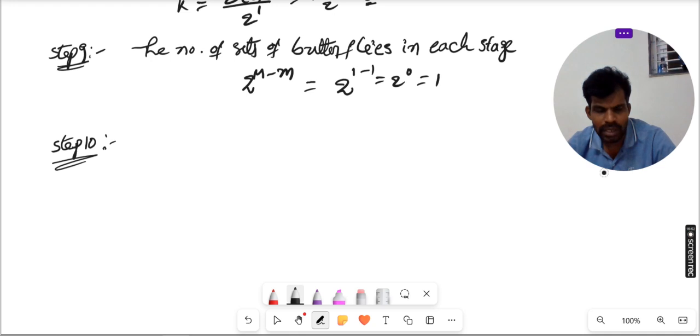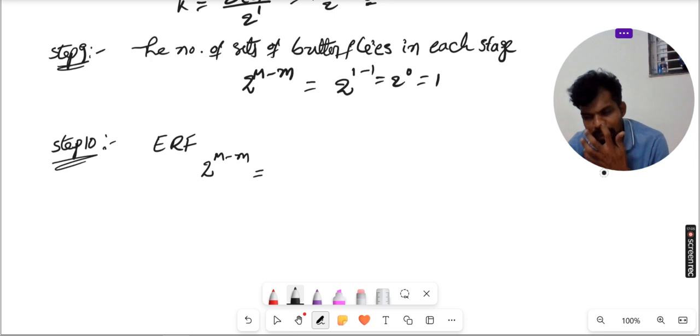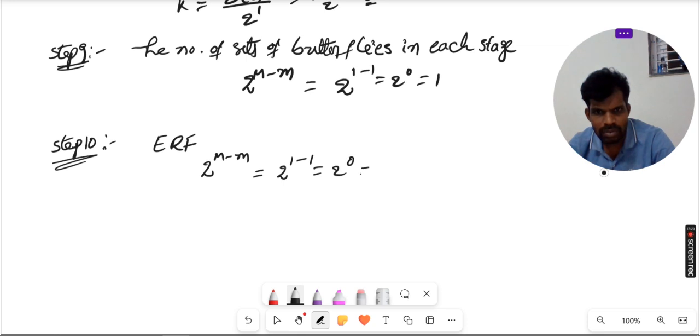Here the next step is the exponent repeat factor, ERF, which is also found using the formula 2 power capital M minus small m, that is 2 power 1 minus 1, which is 2 power 0, equal to 1.